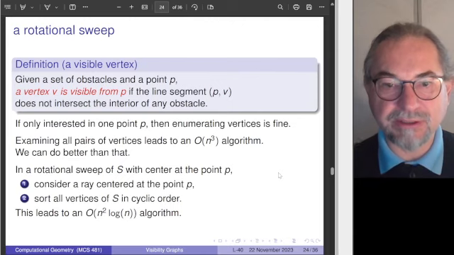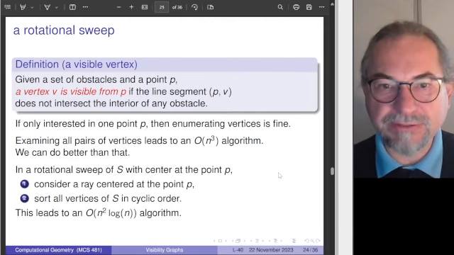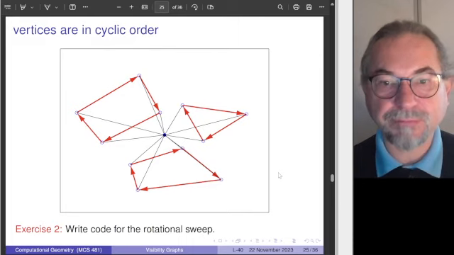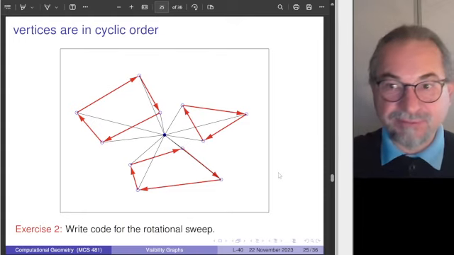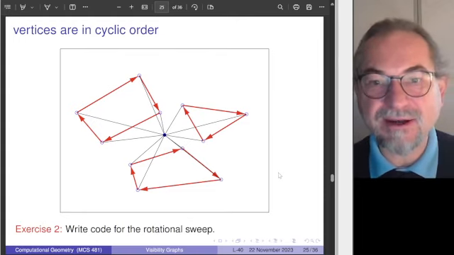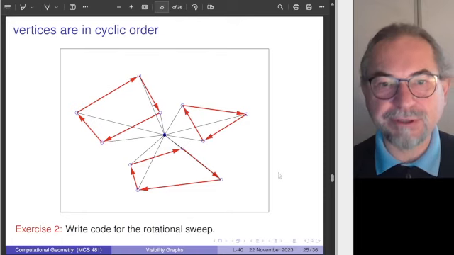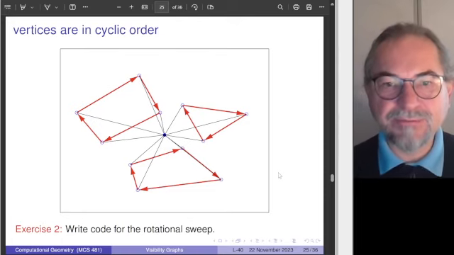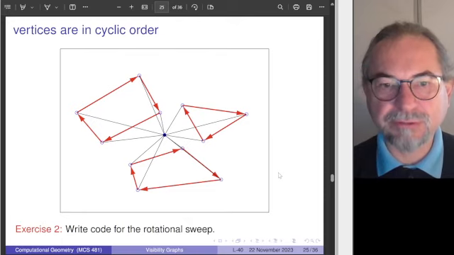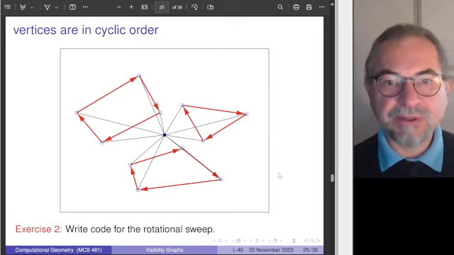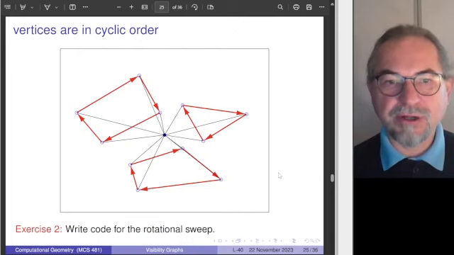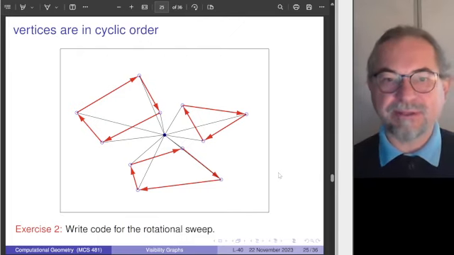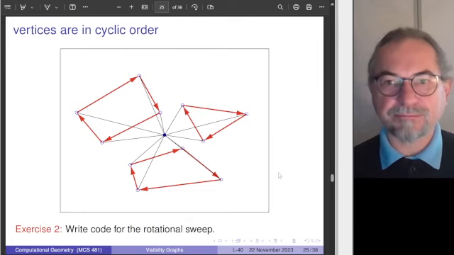They're ordered cyclically, either counterclockwise or clockwise. So here is the picture. We see the red arrows. I opted now for the clockwise order. And you can see that if you go from one visible vertex to the next vertex, that this will help you. So intuitively, the fact that you go from one visible vertex to another may already matter to determine the visibility.